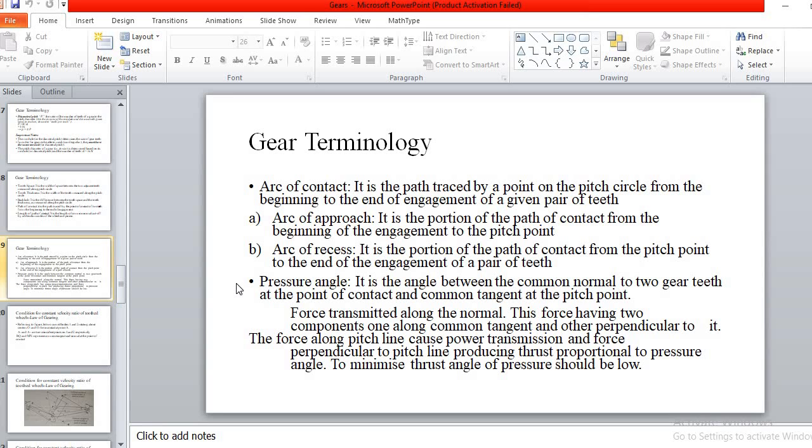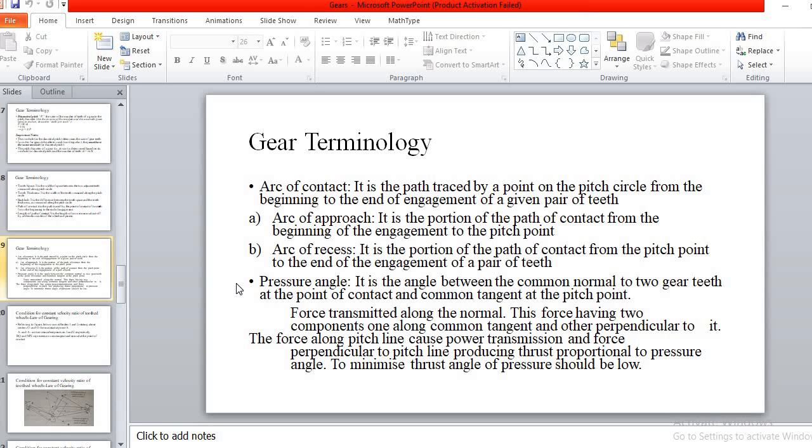It is proportional to the cosine of the angle of obliquity, that is, the pressure angle. So this cosine term is related to the power transmission, and that force is along the pitch line.